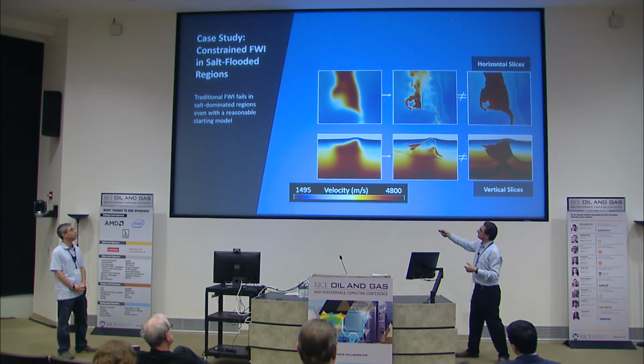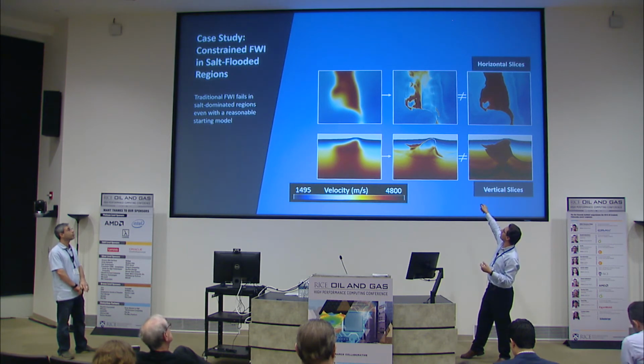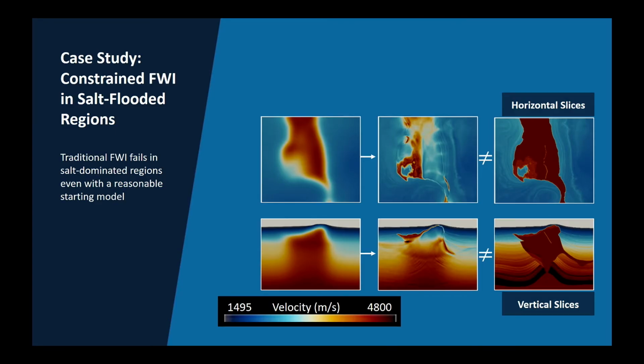So these are some other examples of how applying this kind of iterative model works. This one is a traditional FWI, where the deduction of these kinds of models has not been particularly good because it's a salt-flooded region, so it has very different convergence parameters.